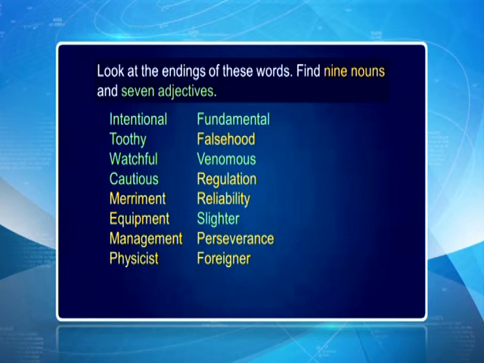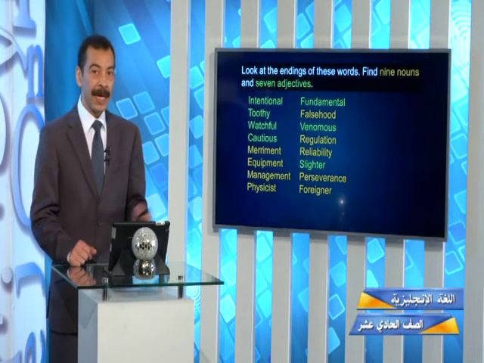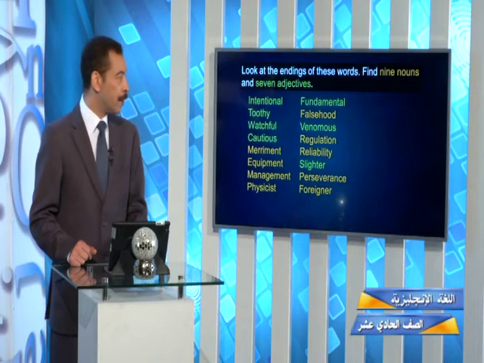So we have intentional, toothy, watchful, cautious as adjectives, plus fundamental, venomous, and slighter as adjectives. Whereas the yellow ones, merriment, equipment, management, physicist, falsehood, regulation, reliability, perseverance, and foreigner are nouns. All right? Just from the ending, we can decide the part of speech of these words.